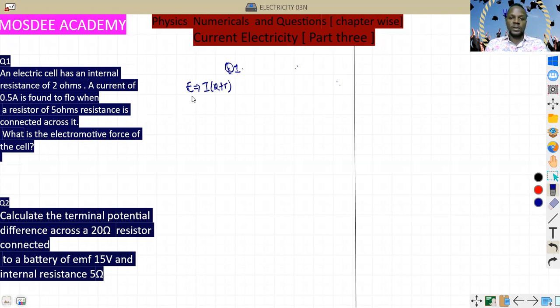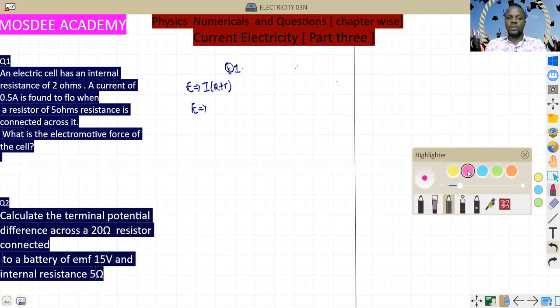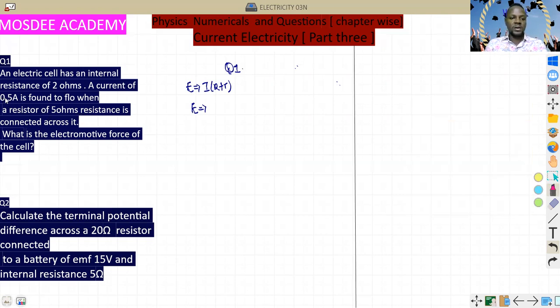Directly substituting, E equals I times (R plus r). The current here is 0.5, the internal resistance is small letter r, which is 2, and the external resistance, big R, is 5.